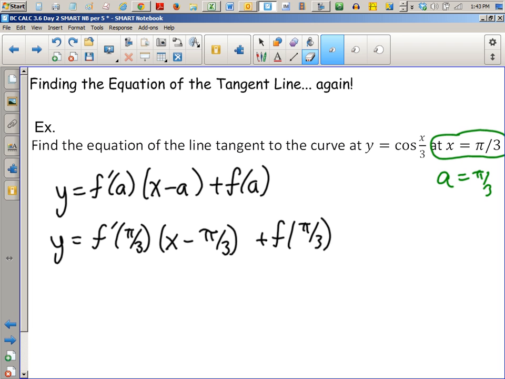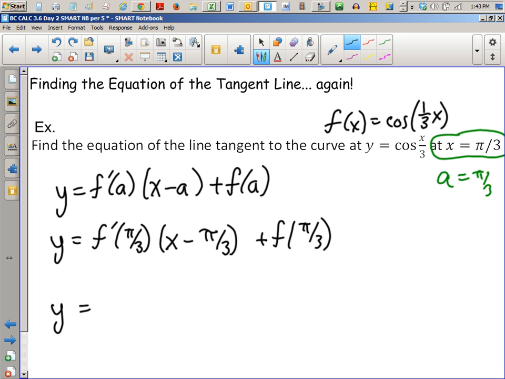And now we have to find f of pi over 3 and also f prime of pi over 3. Okay, so they gave us f of x is given, it's cosine of, and if you don't mind, I'm going to write it as 1/3 x instead of x over 3. I like that a little better. They did not give us the derivative. Why should they?